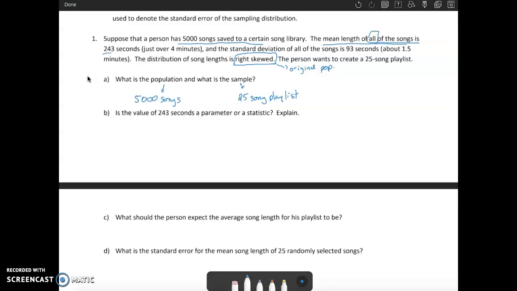Hence, we know that it is a parameter. And for the explain, I'm going to say it's a number that describes the whole population. That's what a parameter is. In this case, we happen to know this number.